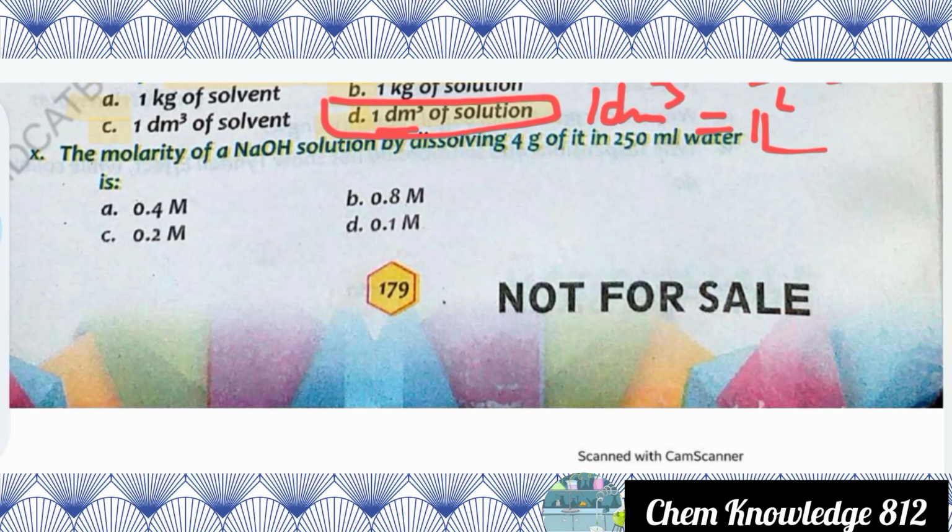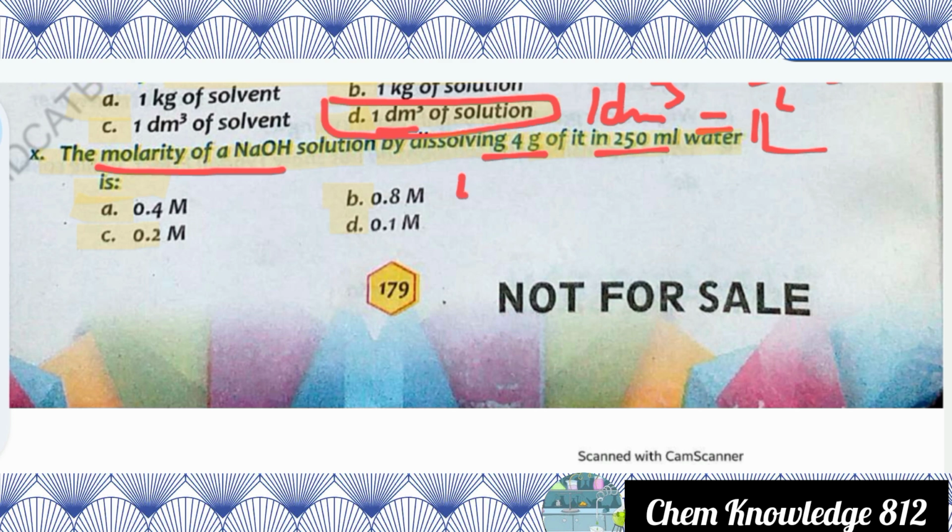Next one is the molarity of NaOH solutions. The molarity of NaOH solution made by dissolving 4 gram of NaOH in 250 ml of water is: A. 0.4 molar, B. 0.8, C. 0.2 molar, and D. 0.1 molar. We are going to determine the molarity of NaOH by dissolving 4 gram in 250 ml. Molarity is mole per liter.